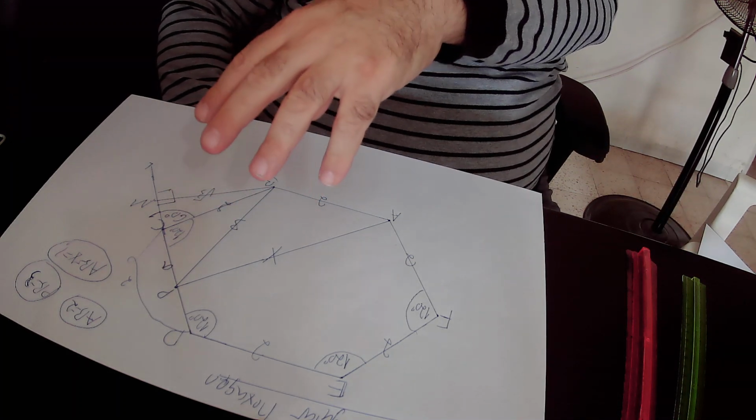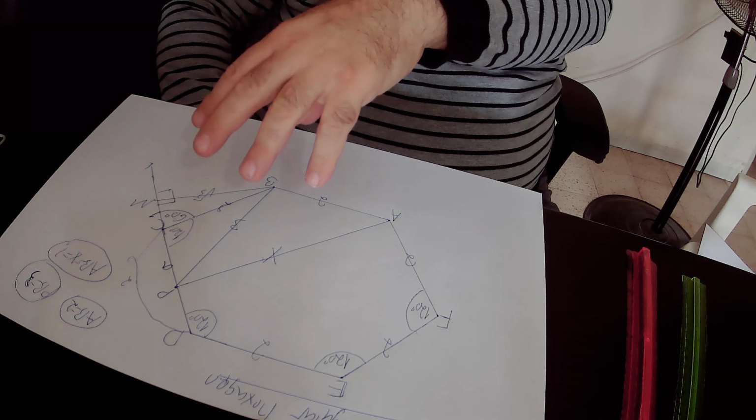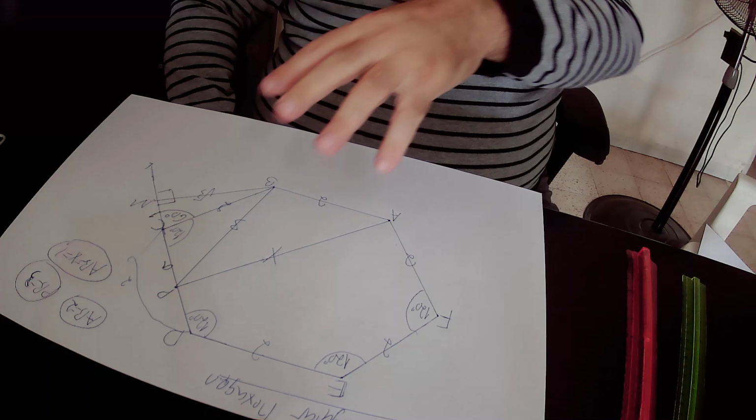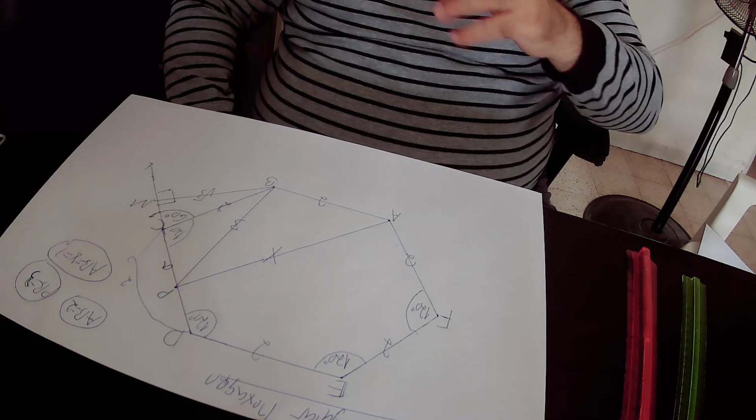So I'll copy this right triangle PMB in a new page, and we will implement the Pythagoras theorem on this right triangle PMB.